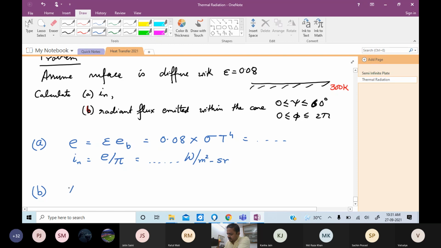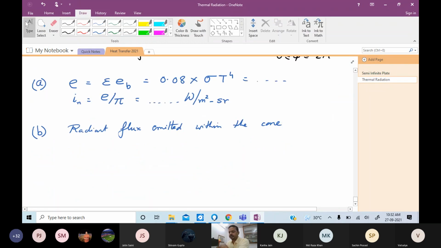So that radiant flux emitted within the cone will be equal to, it's simple, the only thing that will change is the limits.